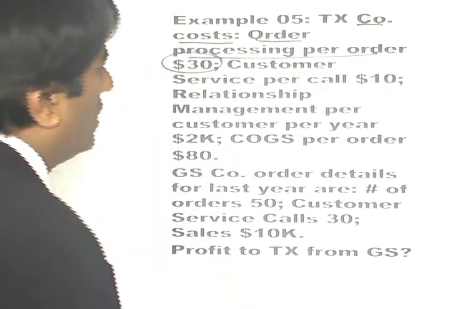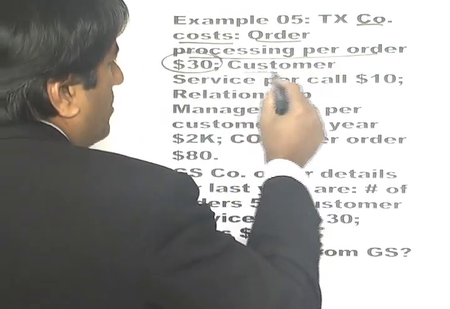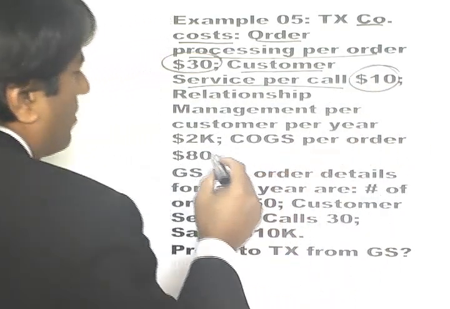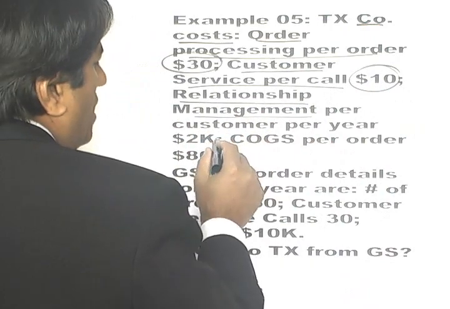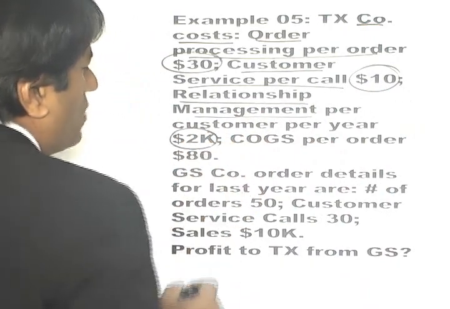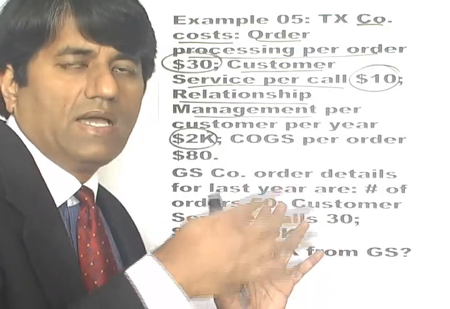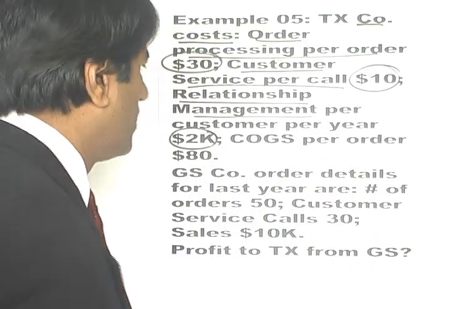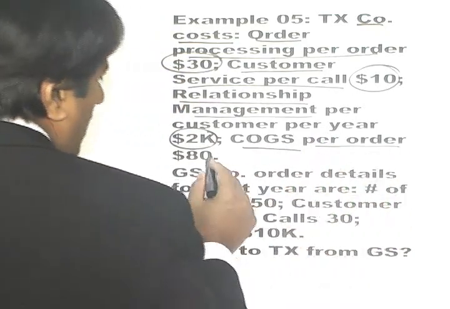It is $30. Now when the customer calls, the customer service cost per call is $10. Relationship management per customer per year is $2,000. So, relationship management, you may need an account manager, you've got to pay salary, etc. The cost of goods sold per order is $80.